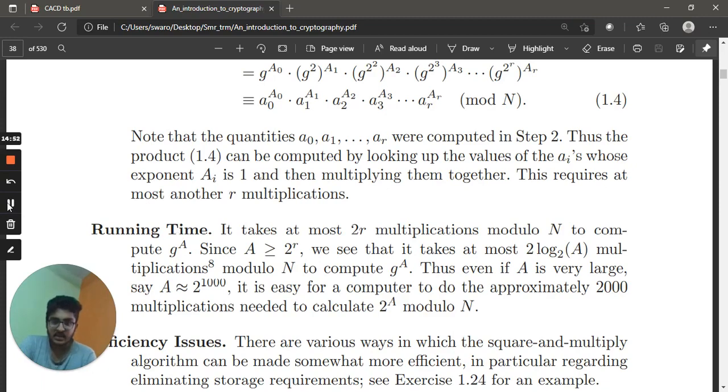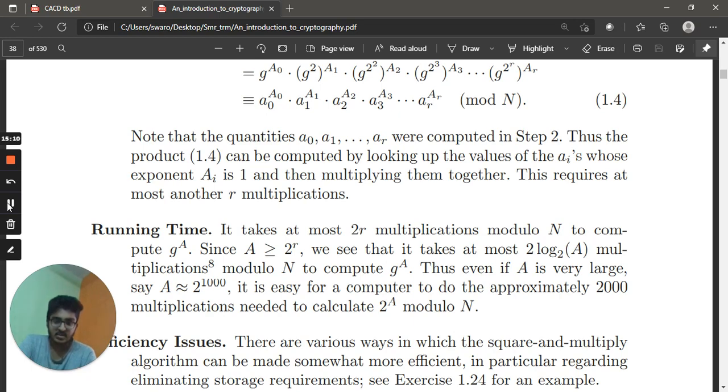The running time of the algorithm: it takes at most 2r multiplications modulo n to compute g power a. Since a is greater than or equal to 2 power r, we see that it takes at most 2 log a multiplications modulo n to compute g power a.